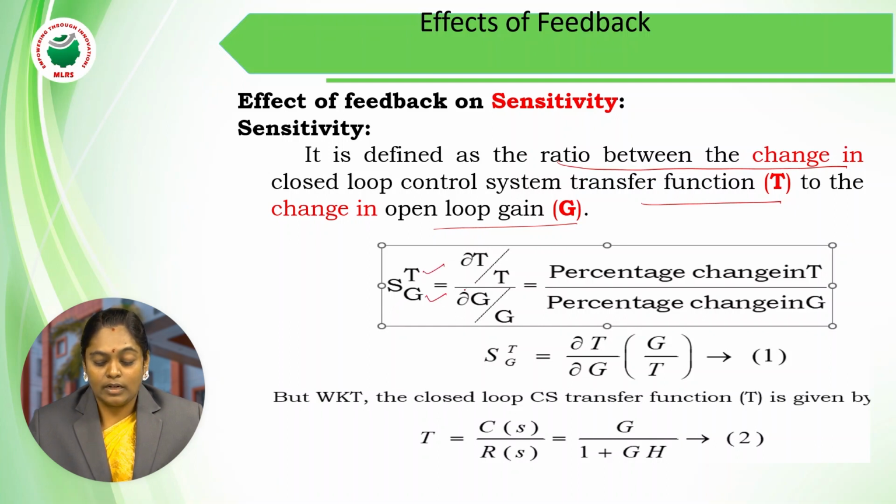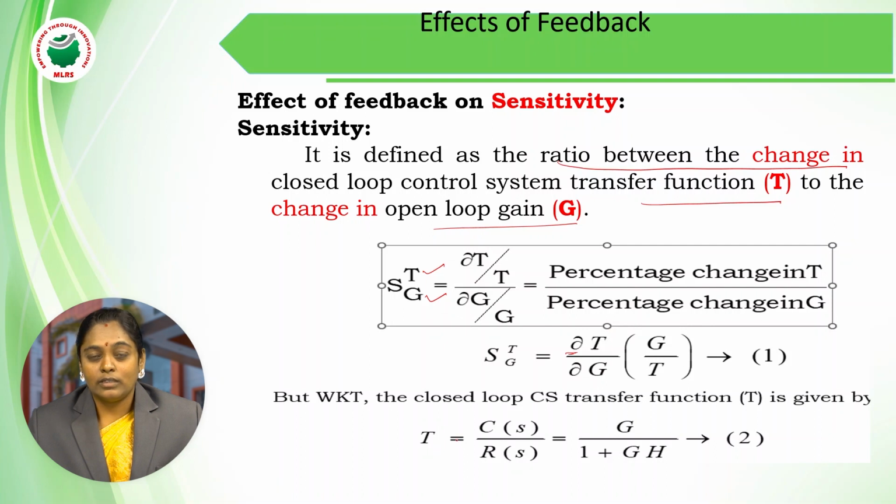This can be written as percentage change in T with respect to percentage change in G. Please remember, here we are varying the parameters with the same parameter variations. That is why I am writing it as dou T by dou G by G, which can be written as dou T by dou G into G by T. Here dou represents the partial derivative.